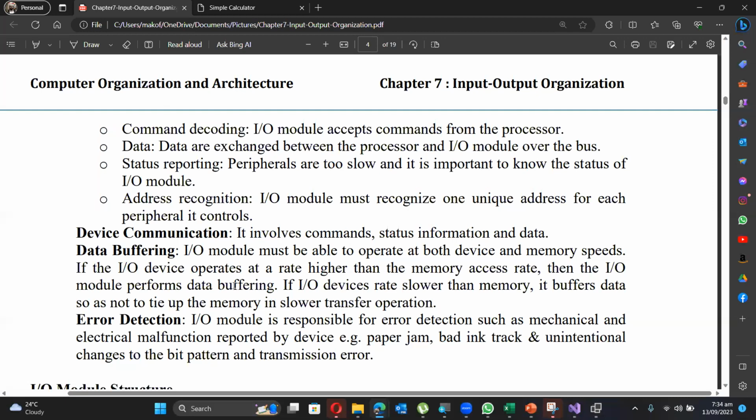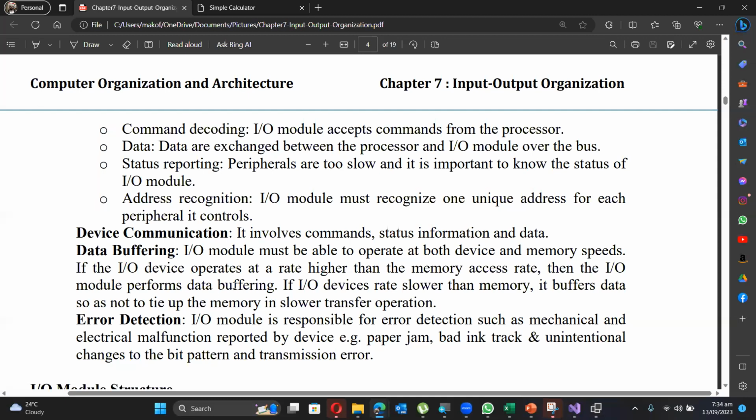And it is also there for address recognition. So it is the IO device's job to give a unique address to the peripheral device so that the computer can know where those devices are placed or kept. It involves commands, status information, and data.